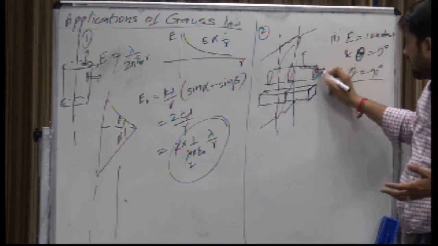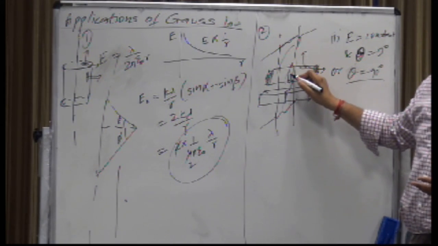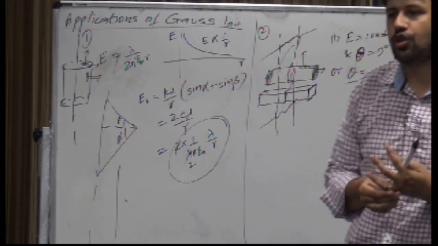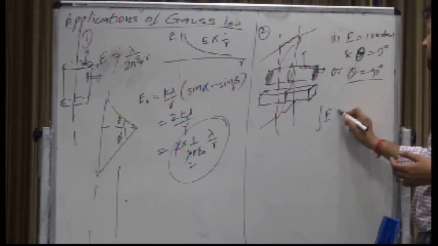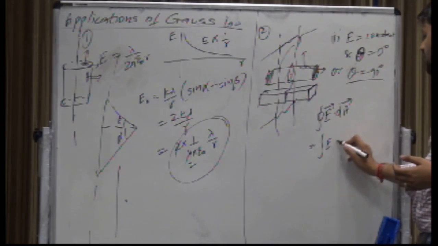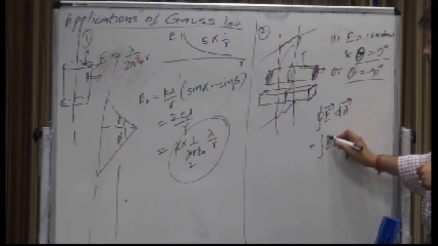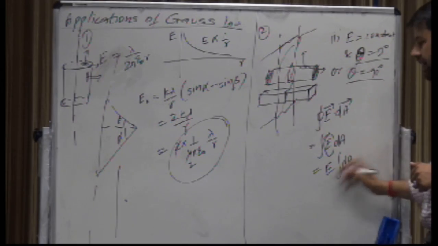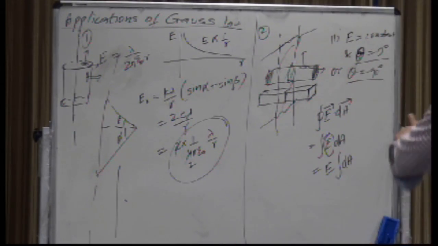On this surface, all points are equidistant from the charge, and on this surface too. That means the magnitude of E should be the same everywhere. In those scenarios, when you calculate E dot dA, it becomes E dA with angle 0, so cos 0. You can bring E out because the magnitude is constant. You can always bring constants out of integration, so you would be able to integrate.